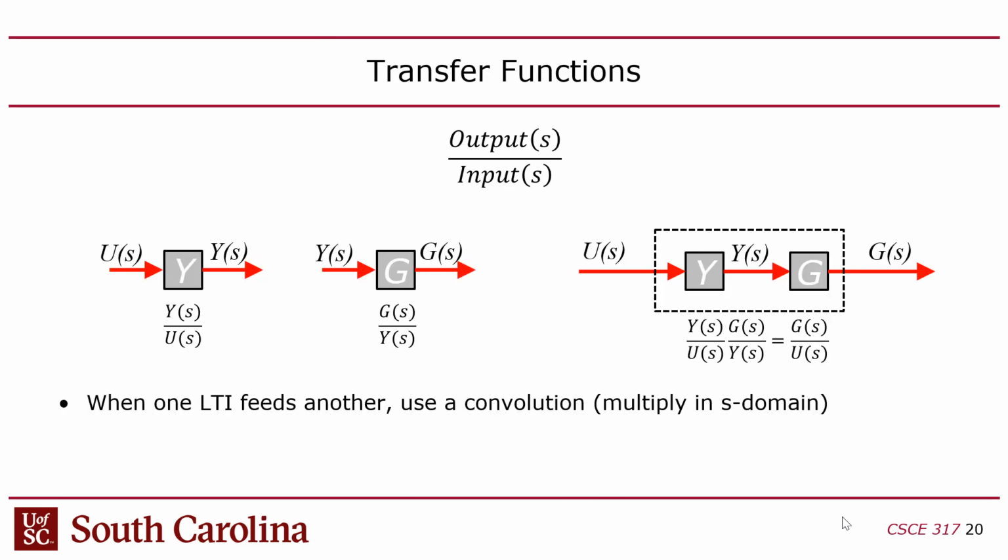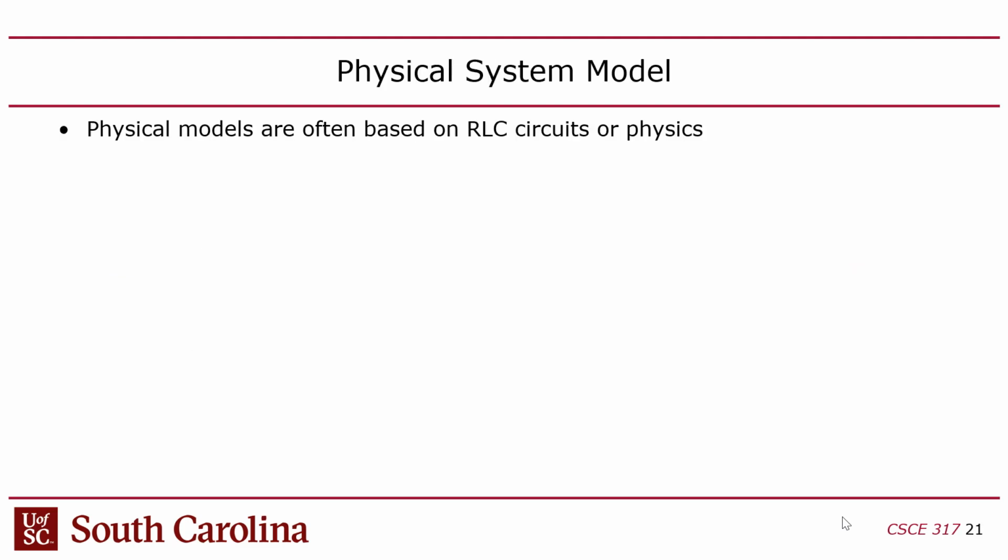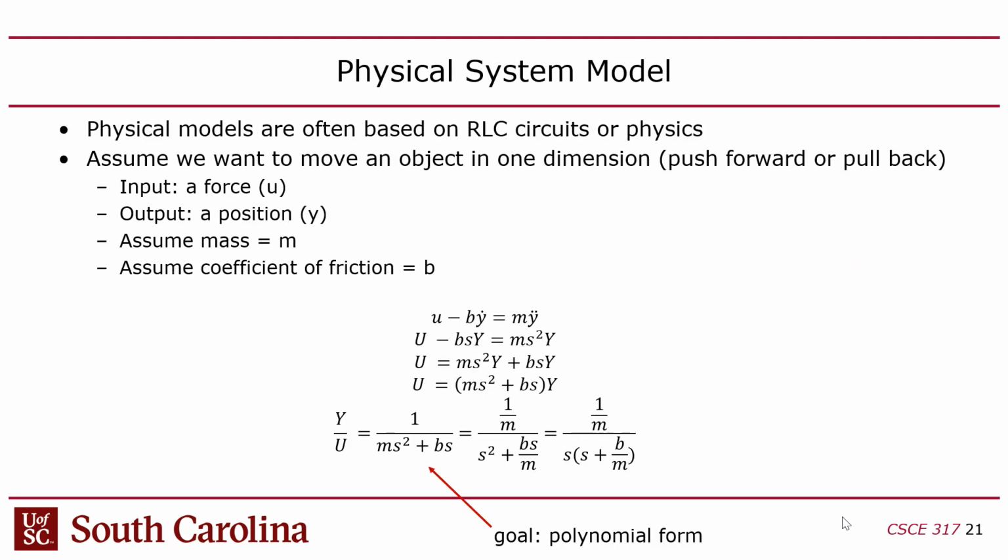transfer functions is when you just multiply the LTIs together, and we talked about building a physical system model. Here's the problem with this, by the way. What happens if you build a physical system model based on first principles, and then you design a controller for it, and you run it in simulation, it works, but then you go to deploy it in the field and you find out that the plant doesn't exactly match what you designed, the model?